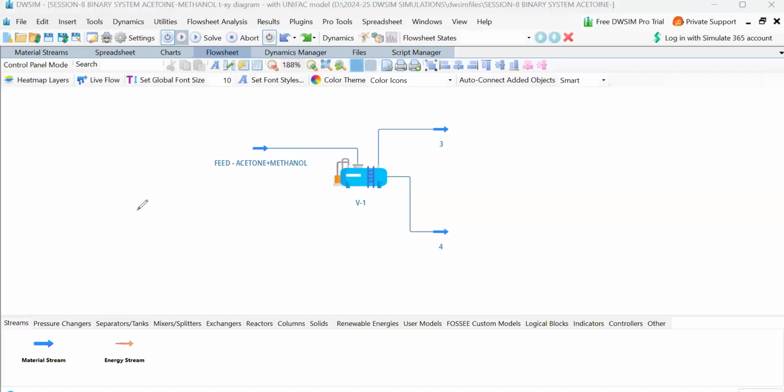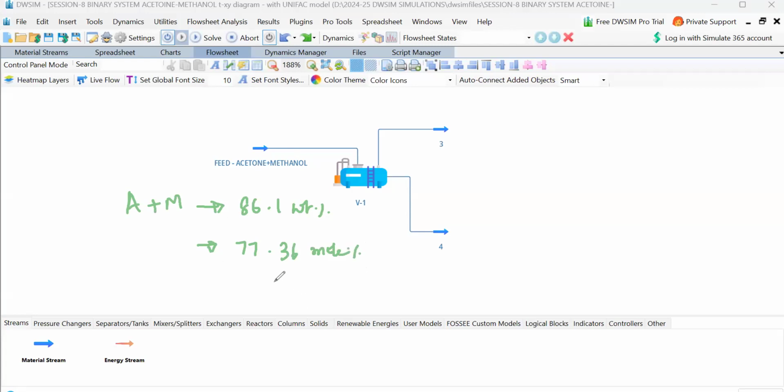As per the literature, the acetone plus methanol azeotropic composition is 86.1 weight percent. This comes to approximately 77.36 mole percent.